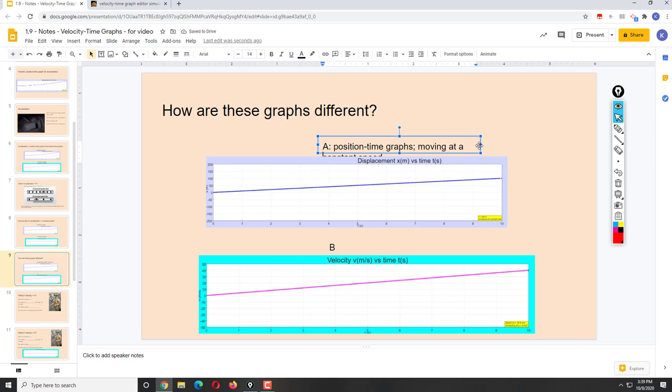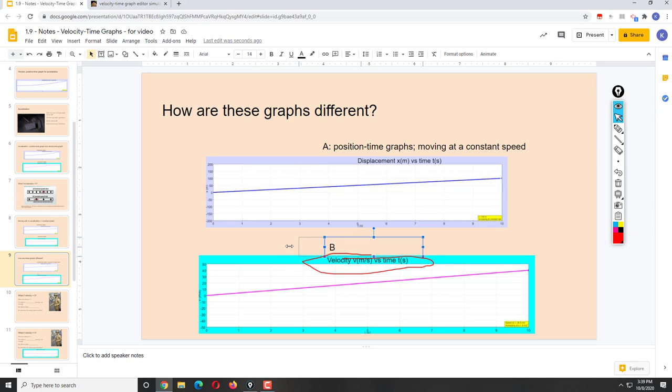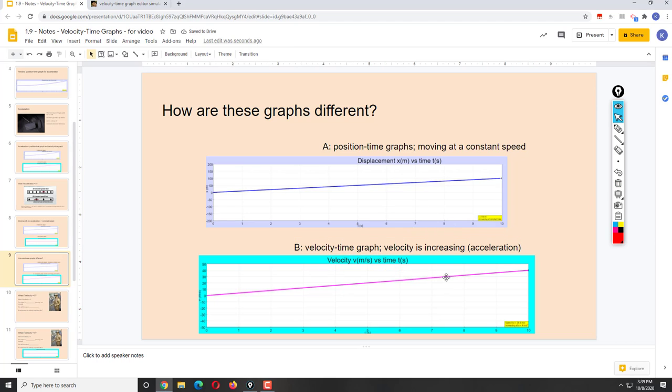With B, even though the graph looks similar, this is a velocity time graph. The velocity is increasing here, right? It's increasing, so it's not constant. So we have acceleration. So the graphs look similar, but they're actually very different graphs.